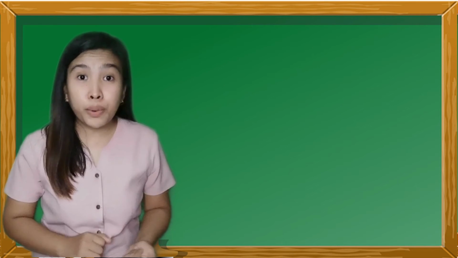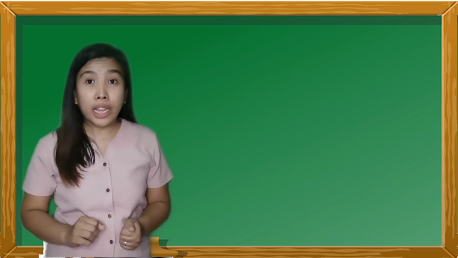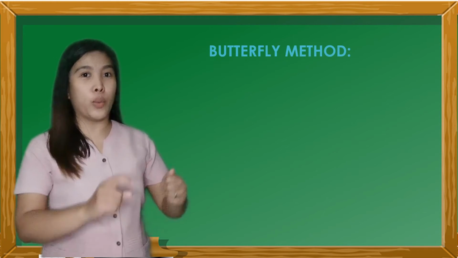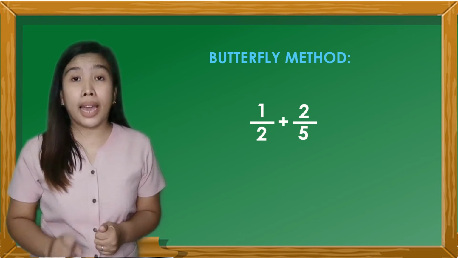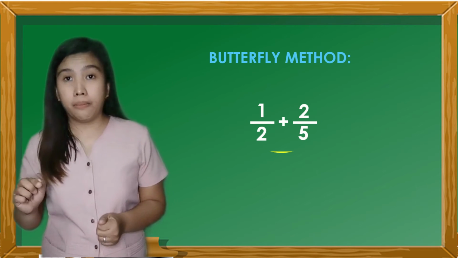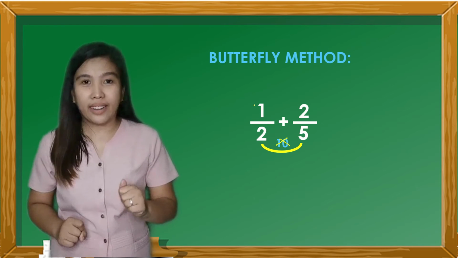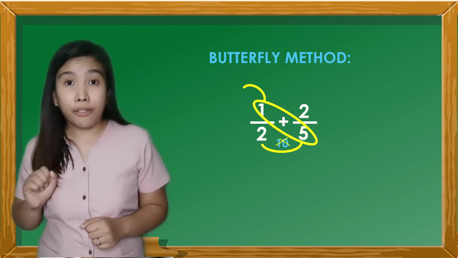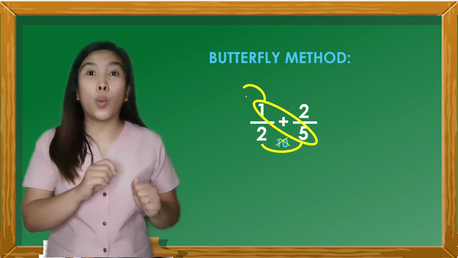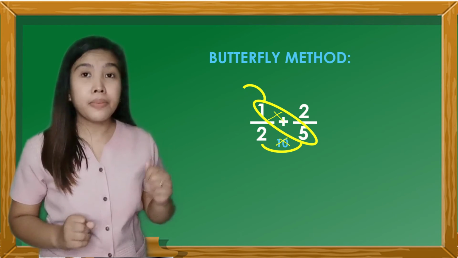Another way to solve the expression 1/2 plus 2/5 is the butterfly method. So 1/2 plus 2/5. First thing to do is to multiply 2 and 5. That would give us, very good, 10. Next is multiply 1 and 5, which gives us 5.